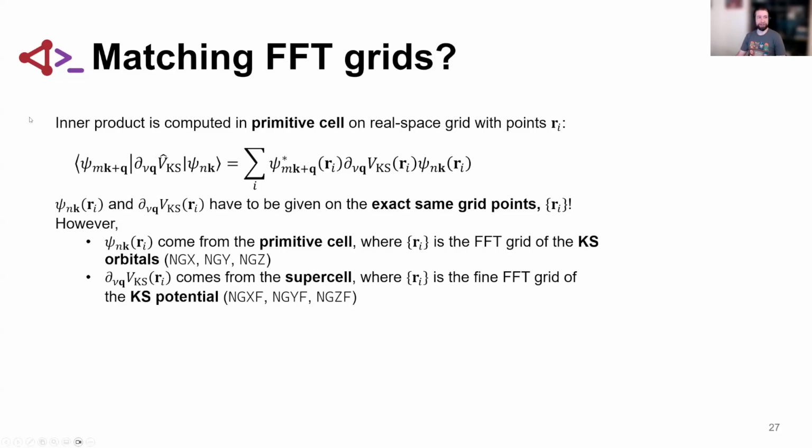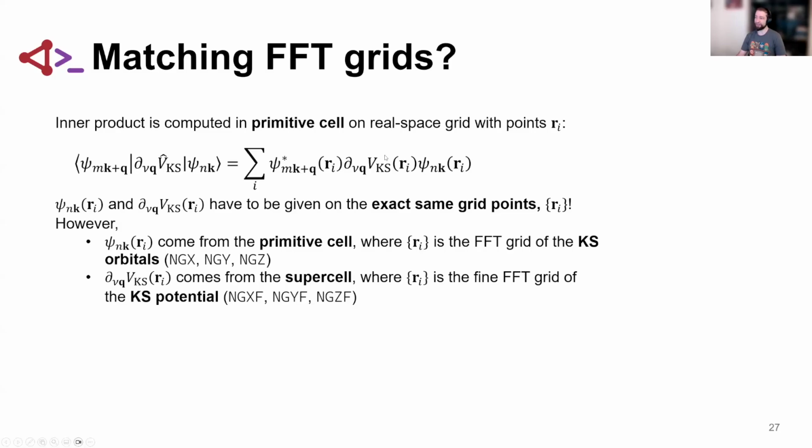And the issue is really with the FFT grids that we have in these various different calculations. You see, the problem is that we want to evaluate an inner product of two different things. One is the Bloch orbitals that we have in the unit cell. So these psi functions that we take in real space. So here these psi orbitals are taken as real space wave functions, if you will.